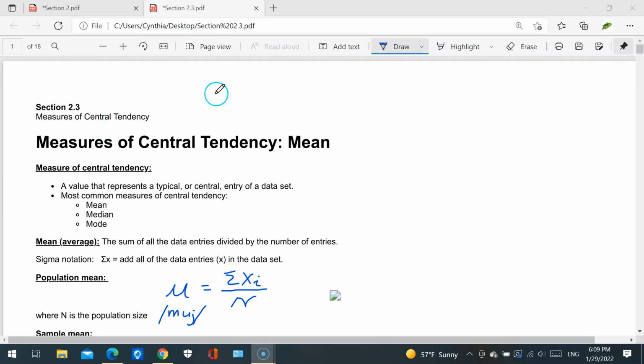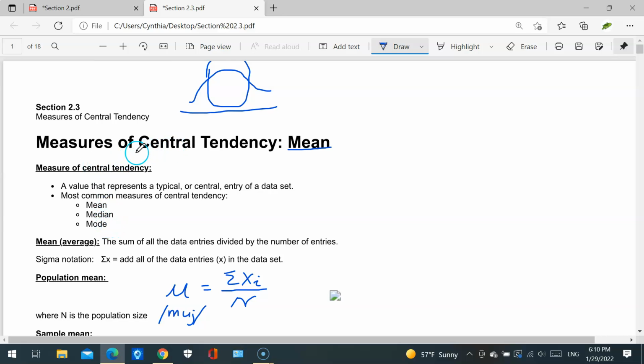When we have the data summarized, we want to see the central area of the data, which we do by looking at the mean, the median, and the mode.